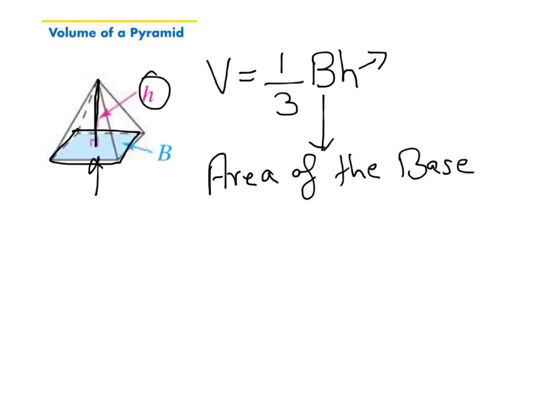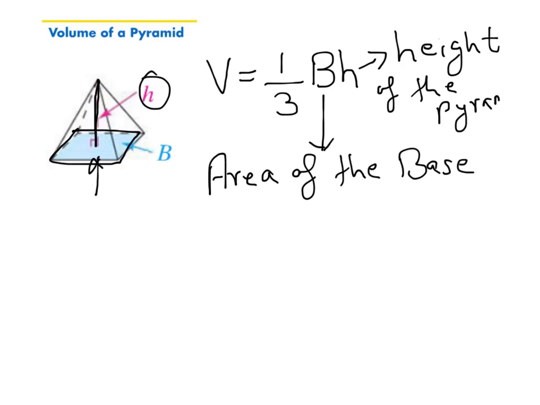It stands for the height of the pyramid, which is a perpendicular line drawn from the vertex to the center of the base. So the formula to find the volume of a pyramid is 1/3 multiplied with area of the base times height.